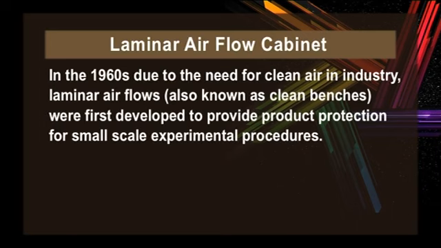In the 1960s, due to the need for clean air in industry, laminar airflows, also known as clean benches, were first developed to provide product protection for small scale experimental procedures.